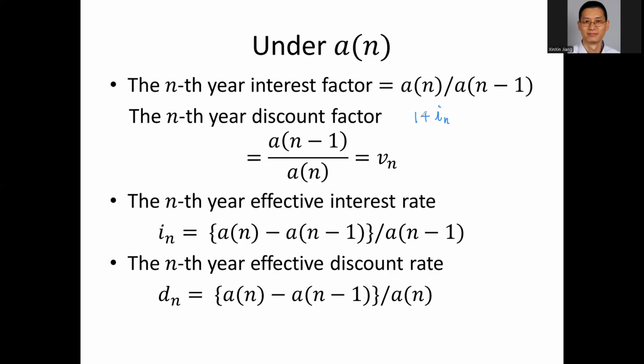That's the interest factor at the nth year. You can see very clearly from here: you break it up, you get A of n divided by A of n minus 1. And you move one to the left side, you get the factor, which is 1 plus the interest rate.